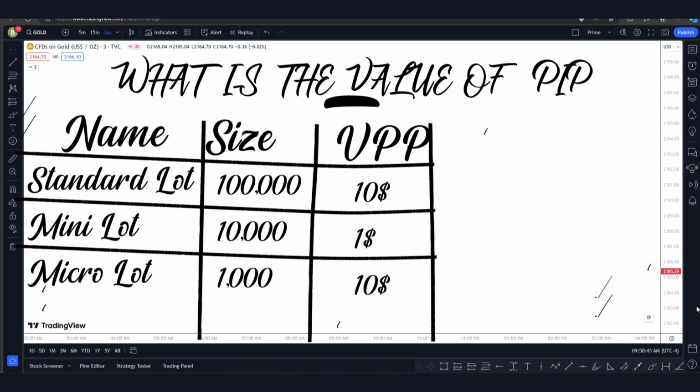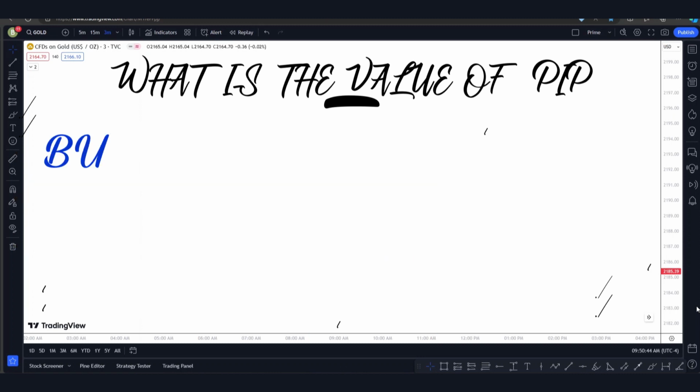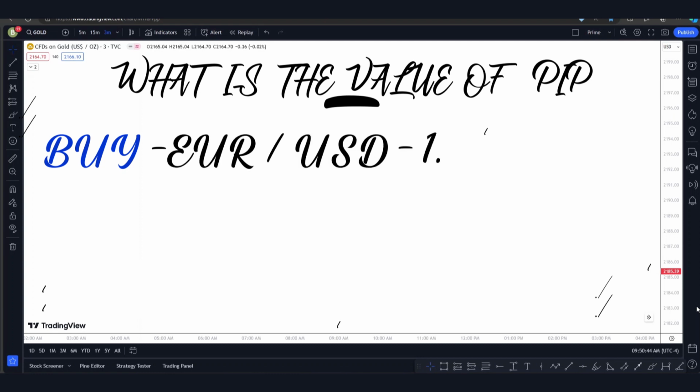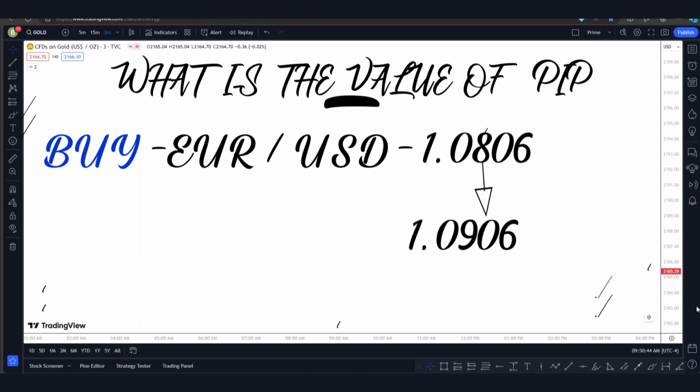So now let's figure out how much we actually make in the changes in price, or anytime the market moves. For instance, if you bought the euro dollar at a price of 1.0806 and it moves to 1.0906 using a standard lot, how much money will you make in that pip movement? Let me break that down so you understand it perfectly.